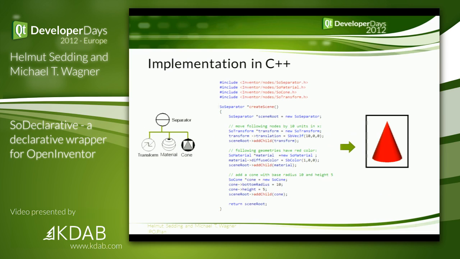Just a short example: you would define such a scene which has a red cone that is transformed a little with these three statements. You create a transform node object, a material node object, and a cone object, and you just throw this inside the scene graph, and that's it. It gets evaluated, and the cone is rendered.